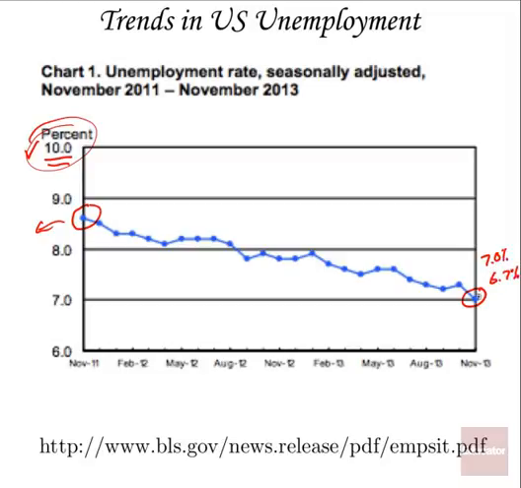So clearly, from 2011 and even further back, 2009 to 2013, there's been a downward trend in the unemployment rate. And if you want to look at the data further, look at the BLS numbers, and you can see what's going on here. So the trend is definitely on a downward swing.